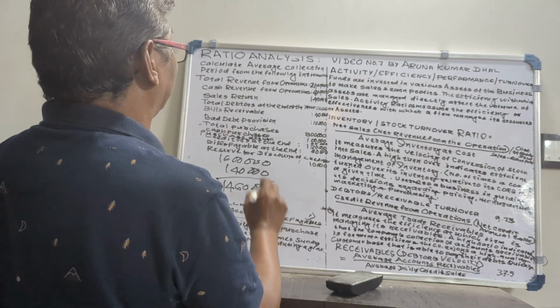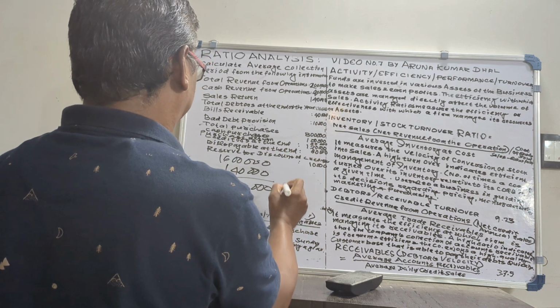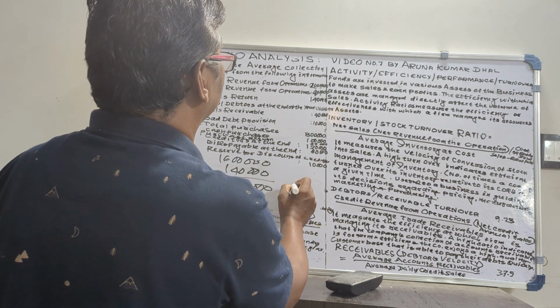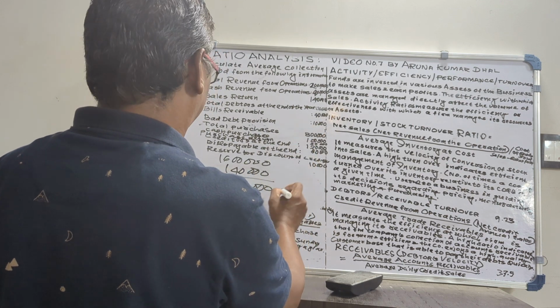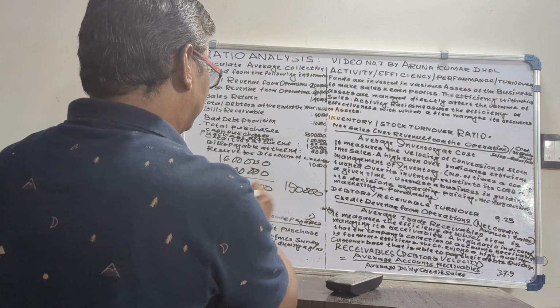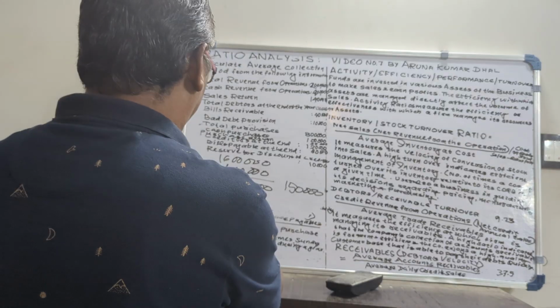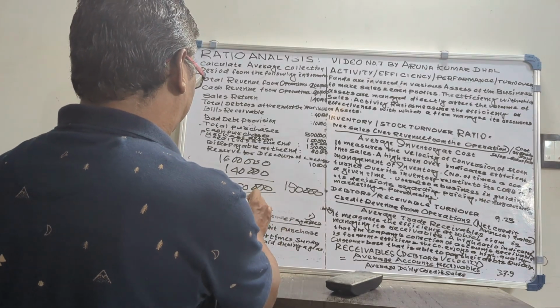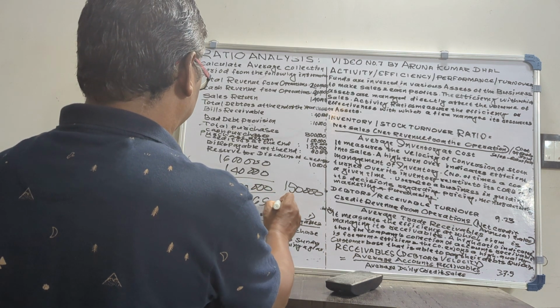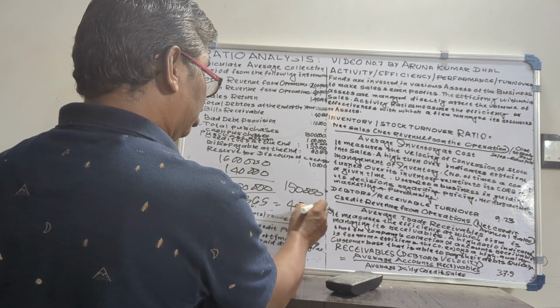Then total debtors and bills receivable 1,50,000. So 1,10,000 plus 40,000, 1,50,000. Then in this case, yearly 14,60,000 divided by 365 will give us 4,000.